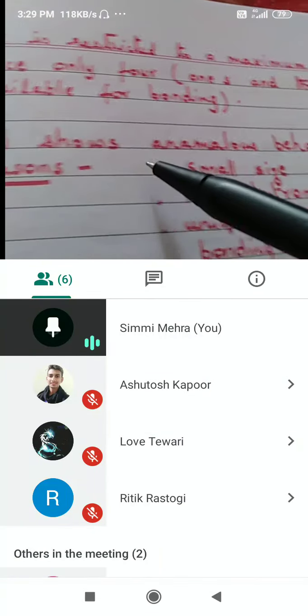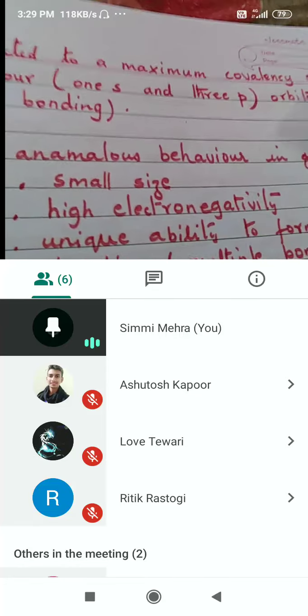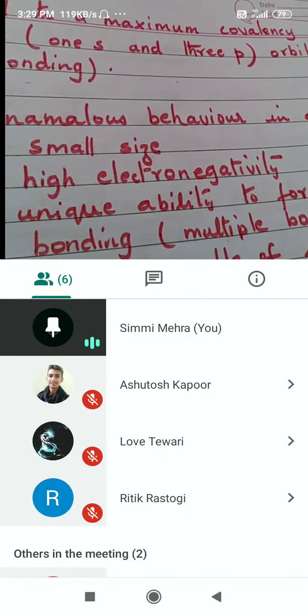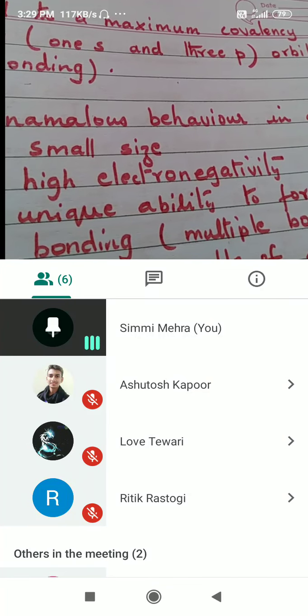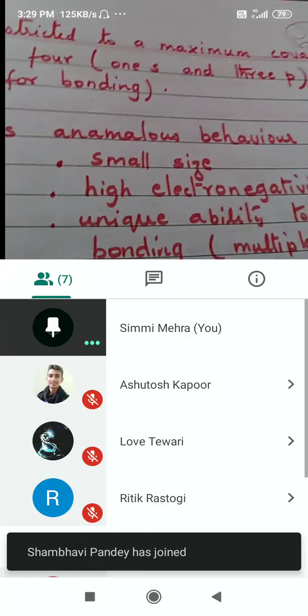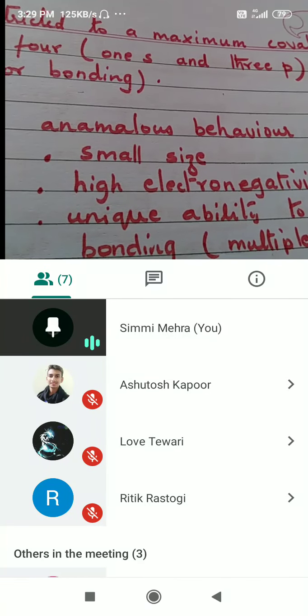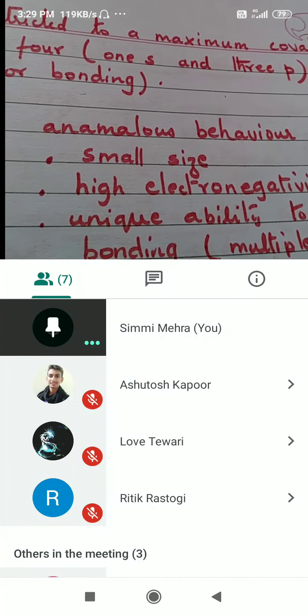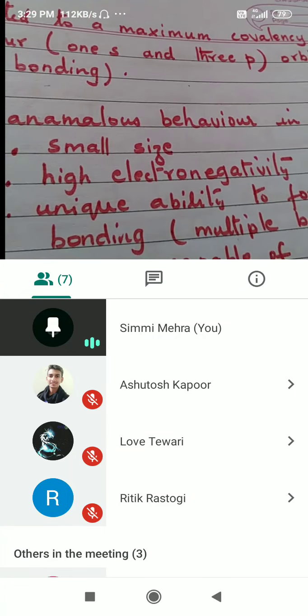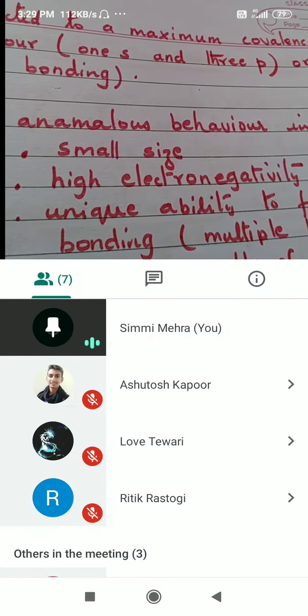Now nitrogen shows anomalous behavior. This is another important thing. I had told you in each group the first element always shows anomalous behavior. This we did in diagonal relationship. Why does it show anomalous or abnormal behavior? Because of its extremely small size, absence of d orbital.